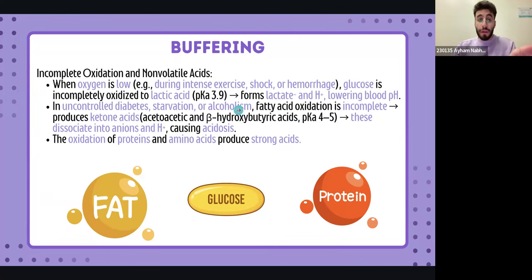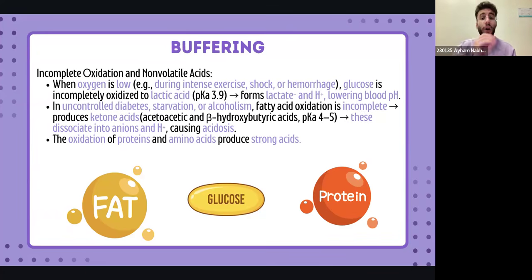These ketone bodies would dissociate into anions and hydrogen ions as well. So once we increase the hydrogen ions, we increase the acidity and lower the pH, leading to acidosis. It's actually known as a condition in our body called diabetic ketoacidosis, because of the accumulation of ketone bodies that would be broken down into hydrogen atoms.